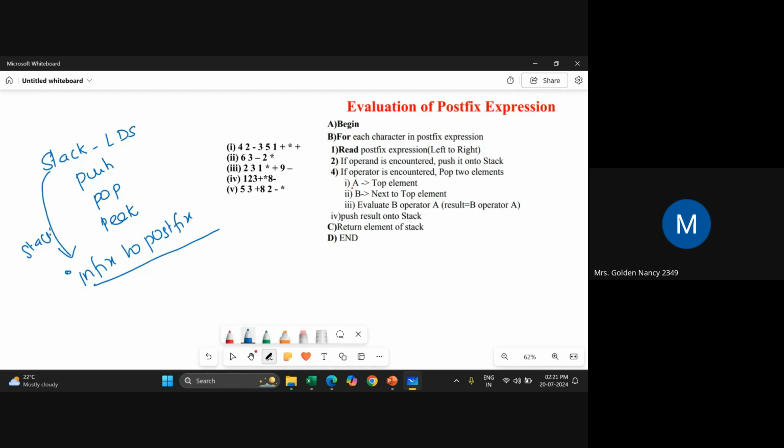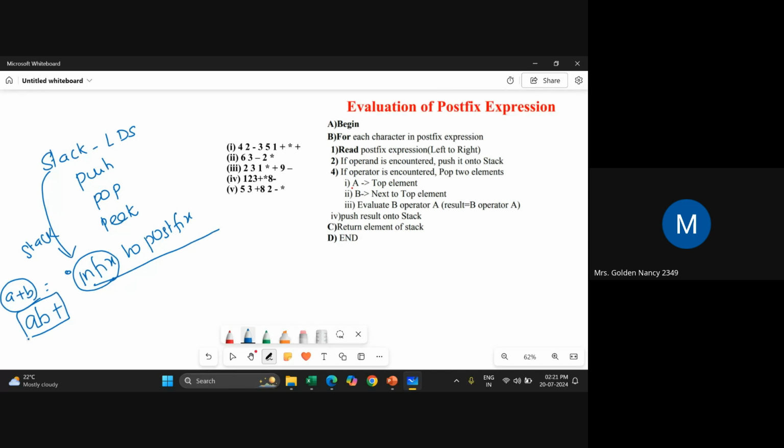One more thing, as I have told already in my class, the compiler doesn't understand this infix notation. But humans will understand A plus B. We'll just substitute the values of A and B and we can evaluate it. Humans can do it easily, but computer compilers will take a long time to solve this kind of expression. So the mathematicians and engineers developed the postfix notation and converted infix to postfix notation.